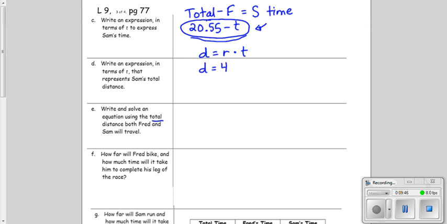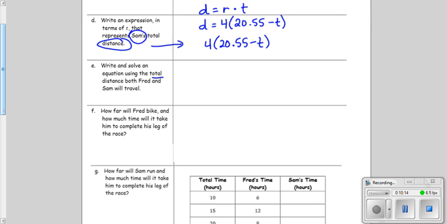So we'll multiply 4 times the expression for Sam's time, which is 20.55 minus t. So the expression for Sam's distance is 4 times the quantity 20.55 minus t. And again, this represents Sam's distance.